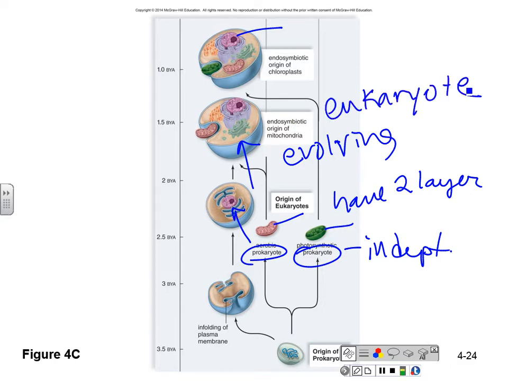Now again, this is just a theory, but this is currently what we believe. Each of these has its own DNA. So you have DNA that's not inside your nucleus. It's either inside the chloroplast if you're a plant, or mitochondria if you're an animal. So because they have a double layered membrane, and because they have their own DNA to help make the proteins necessary for photosynthesis and cellular respiration, we believe that they were prokaryotes at one time that were incorporated into a eukaryotic structure.